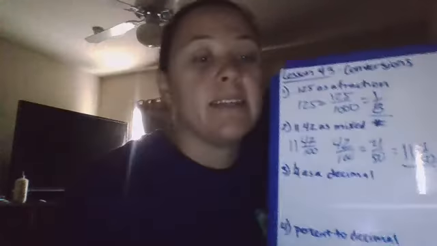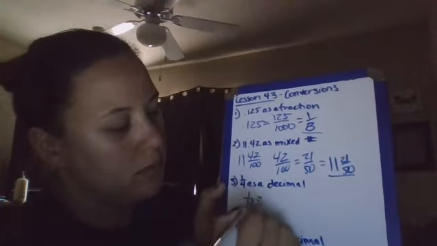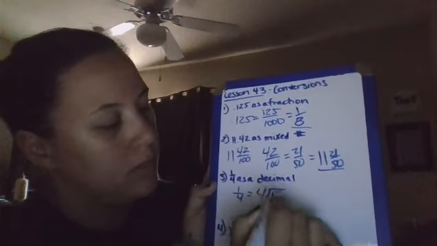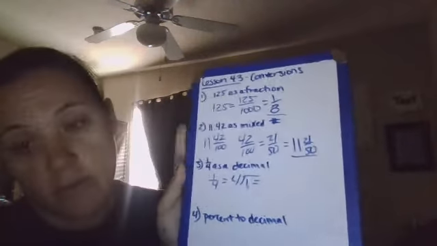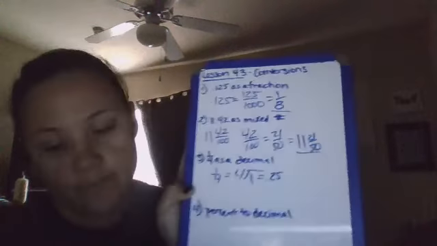All right, so then the next is, how do we take a fraction and turn the fraction back into a decimal? All right, so we have 1/4. We know that is 1 divided by 4. 1 divided by 4 is 0.25.